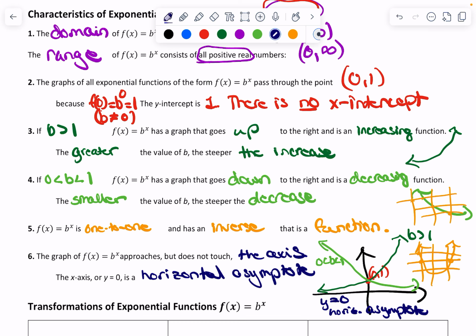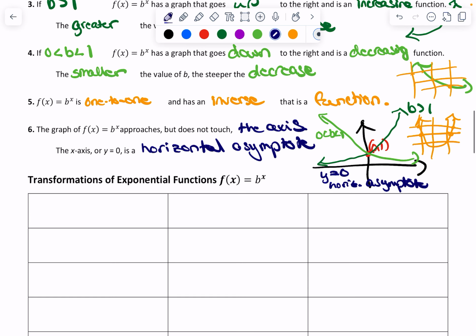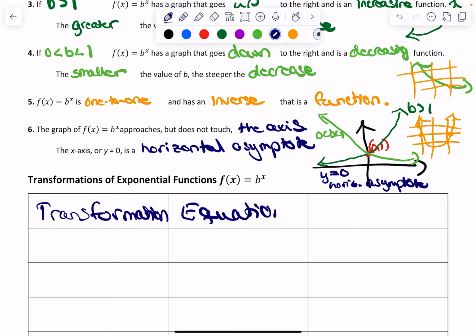Okay, now transformations. Very similar to what we've done with transformations of all the other equations as well. So we're going to go ahead and start with the vertical.